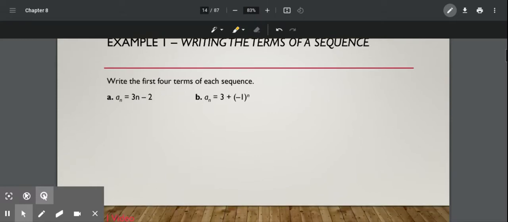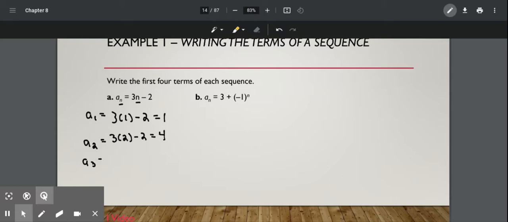For our first 4 terms, our first term, a sub 1, would be when n is 1. So we'll plug a 1 in for n. You would say 3 times 1 minus 2, which gives you 1. A sub 2 would be plugging in a 2 for n, so 3 times 2 minus 2 would be 4.